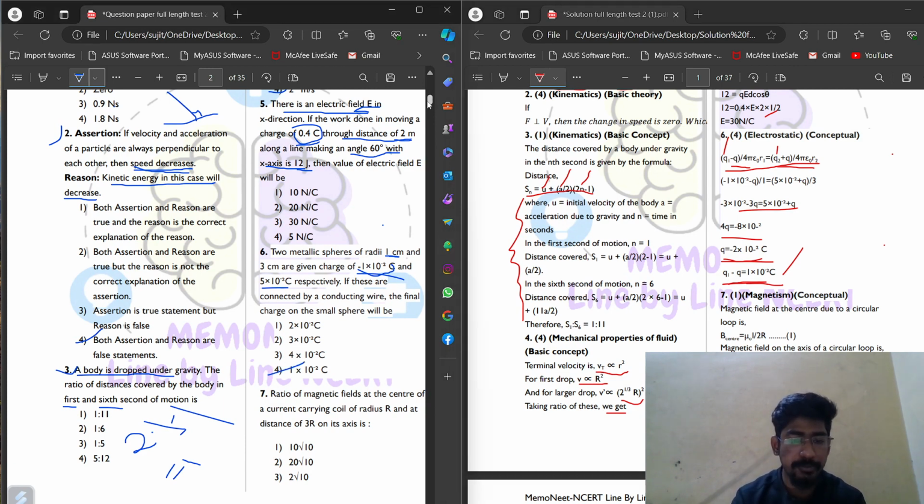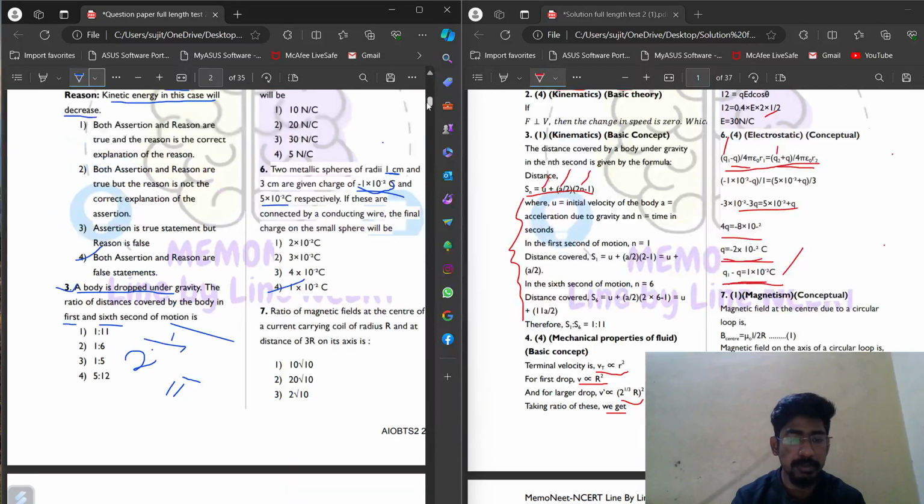Ratio of the magnetic fields at the center of the current carrying coil of radius r and at distance 3r along its axis. I think this is already done in FLT. This type of question was there, and the formula I already told you: at the center the formula will be mu naught n I by 2r, where n is the number of turns. Here the number of turns is not mentioned, so you have to take 1.